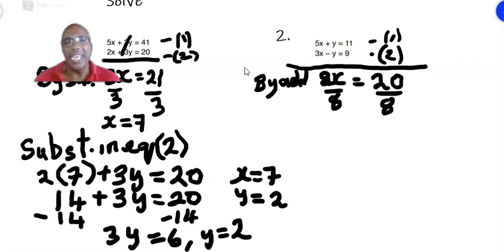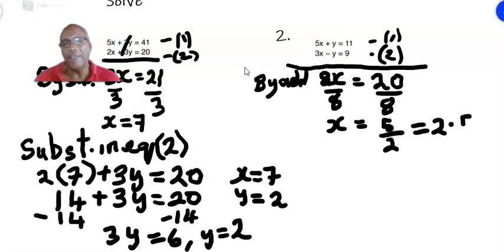And we're going to get x on the left side equals 20 over 8. We can divide both the top and bottom by 4. 4 into 20 is 5, and 4 into 8 is 2. And now we can convert to a decimal. 5 over 2 is 2.5. So we have found the value for x.